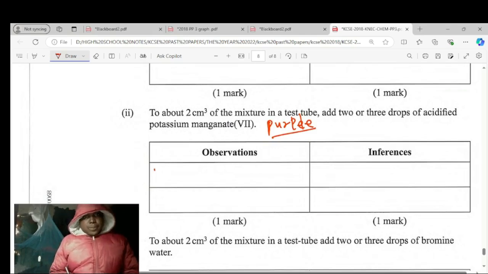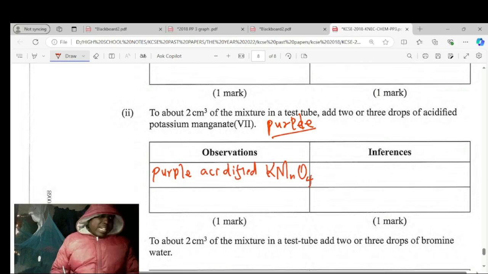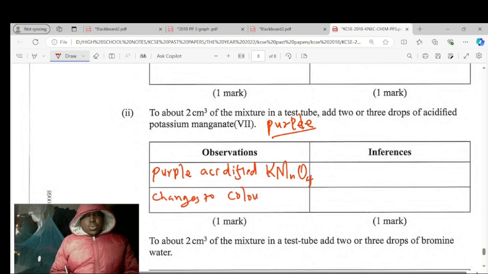So purple acidified potassium permanganate changes to colorless, or is decolorized. Or simply you can say acidified potassium permanganate is decolorized.